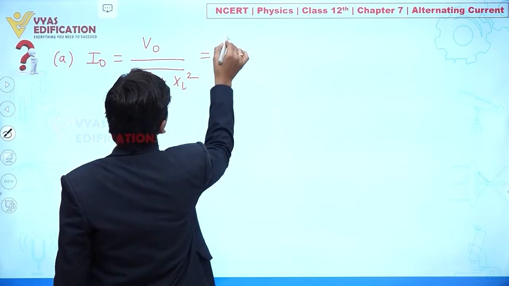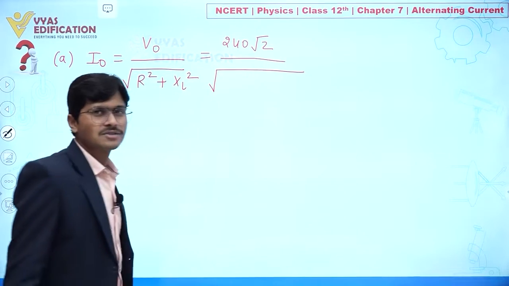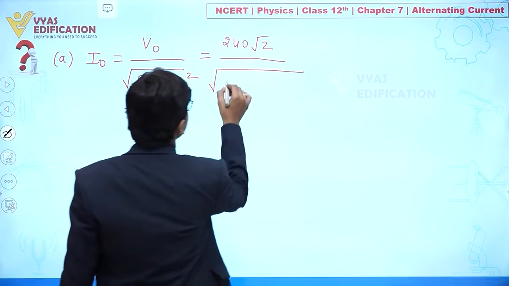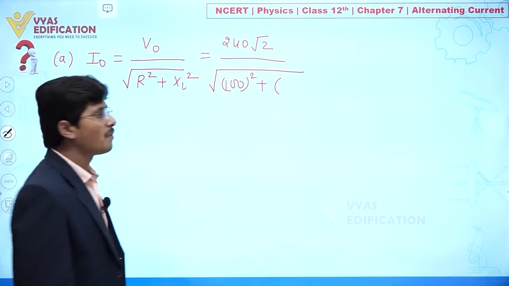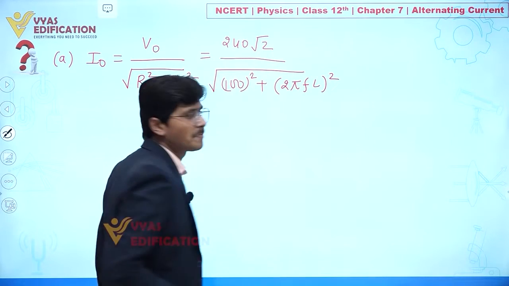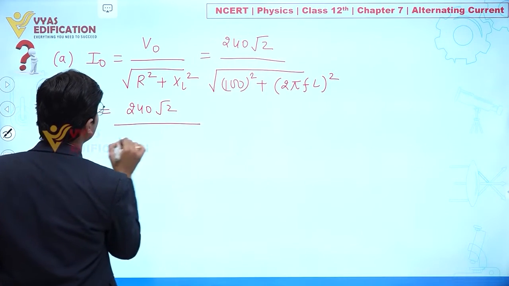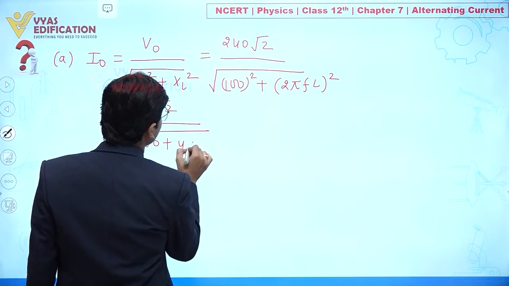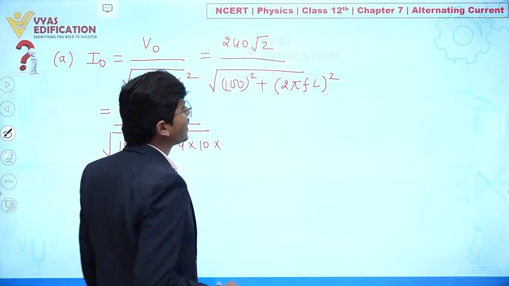So this is 240 root 2 divided by the square root of R square, where the value of R is given as 100 ohm, so 100 square, plus XL square. XL equals omega L, and omega is 2 pi f, so XL is 2 pi f L, squared. This gives 10,000 plus 4 times pi square, approximately 10, times f square.